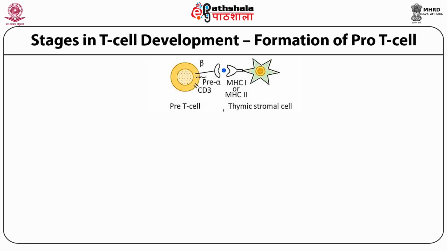The pre-T cell with the pre-TCR receptor interacts with thymic stromal cells such as epithelial cells, dendritic cells, macrophages, etc. It interacts with class 1 MHC or class 2 MHC molecules along with intrathymic ligand, and this interaction leads to downstream signaling in the pre-T cell.